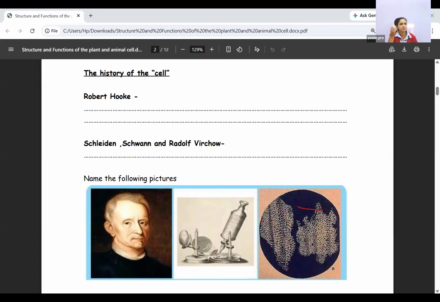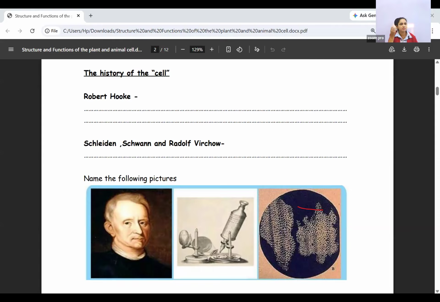They are somewhat soft, and he took a slice of that and observed it through his microscope. Then he saw the cells like chambers of a beehive.